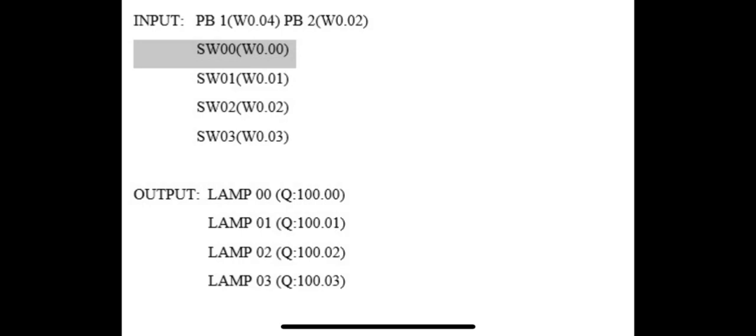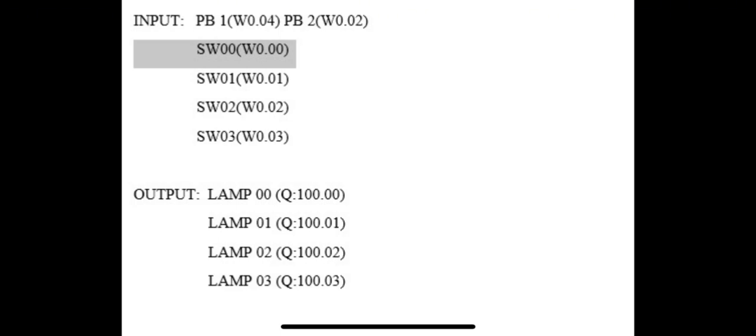As you can see in this slide, this is the address that I'm going to put in my program using CX-Programmer. For the input, there are 6 inputs, which are push button 1, push button 2, switch 00, switch 01, switch 02, and switch 03.